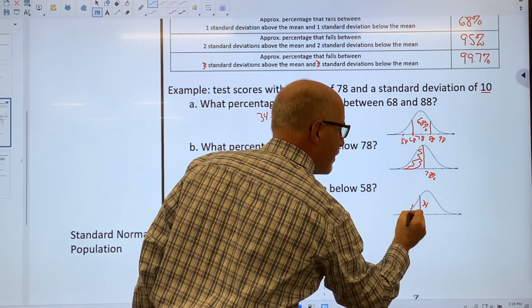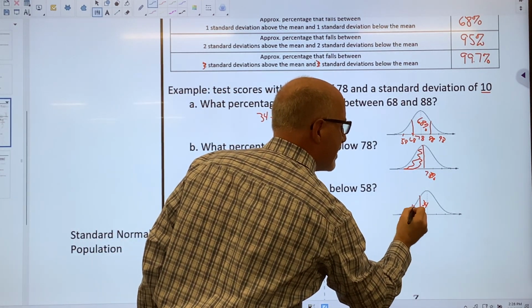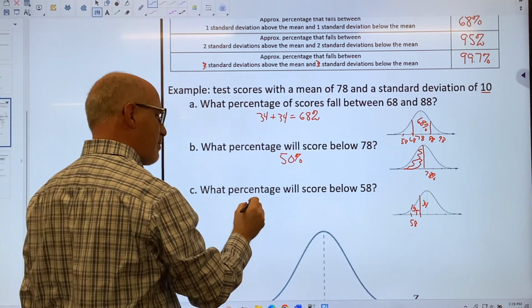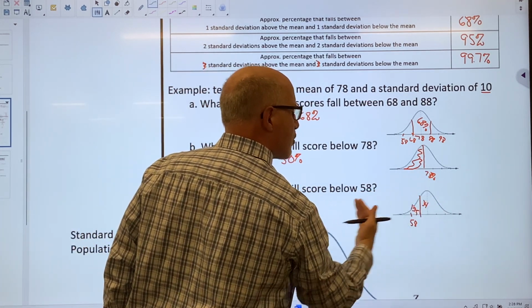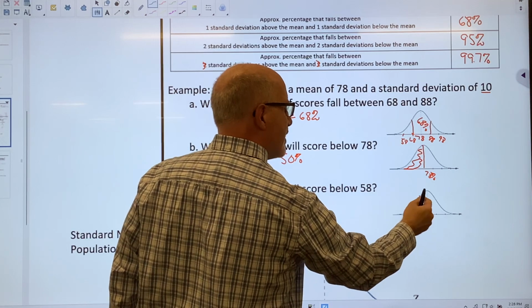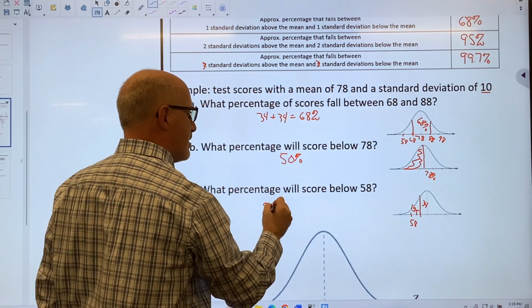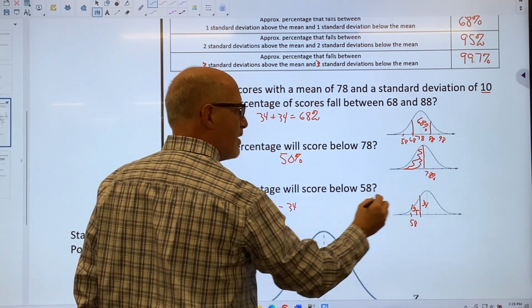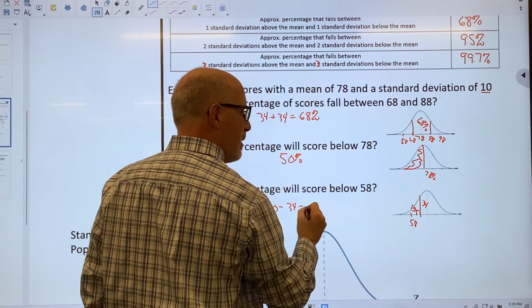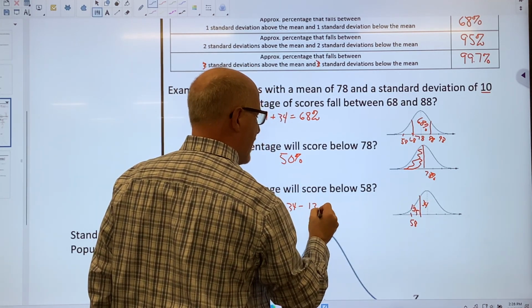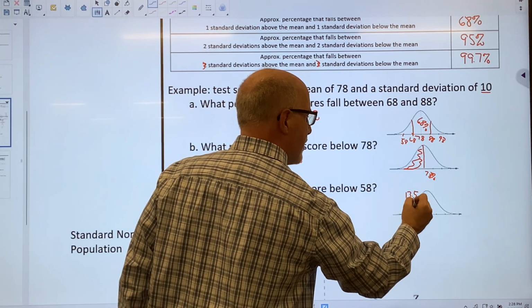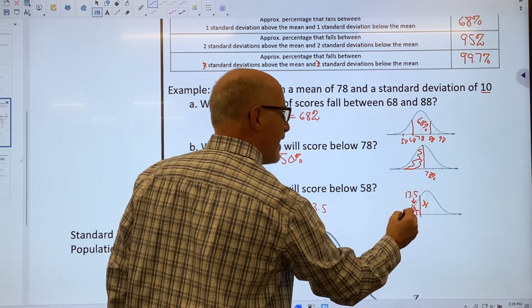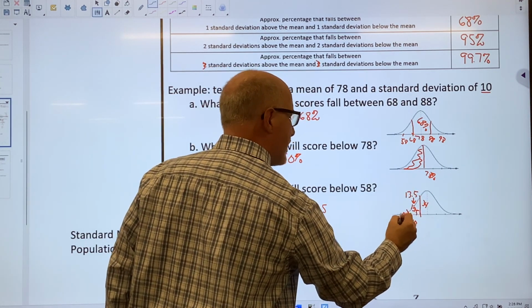I'm going to take the whole 50% from the middle and subtract those two off: 50% minus the 34 in this next region, minus the 13.5, and that will give us what's left over out here.